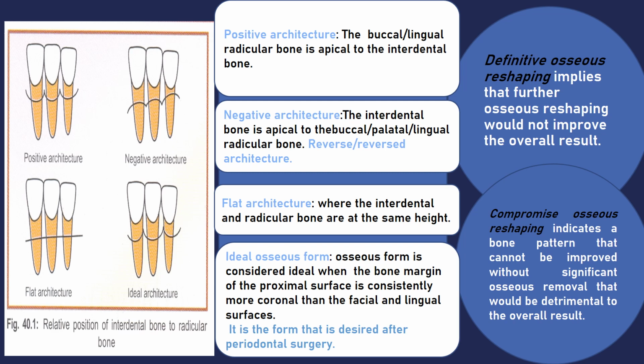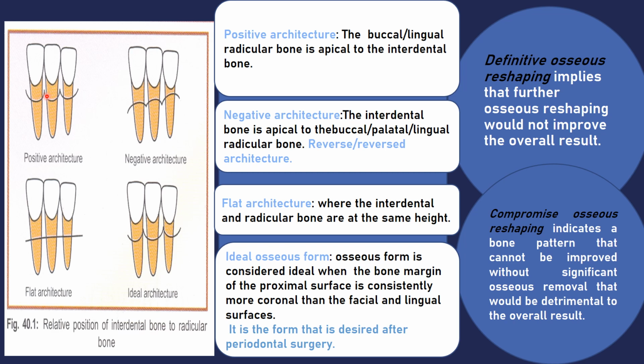So coming to the different morphologically descriptive terms, you can see positive architecture, negative architecture, flat architecture, and ideal osseous form. The diagrams show these. The first one is positive architecture, where the buccal and lingual radicular bone will be more apical than the interradicular bone.